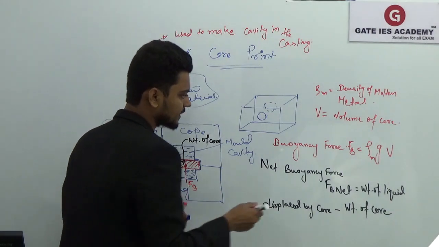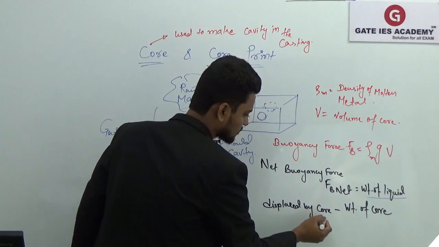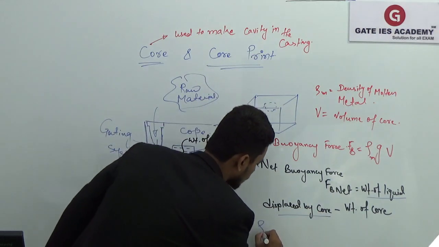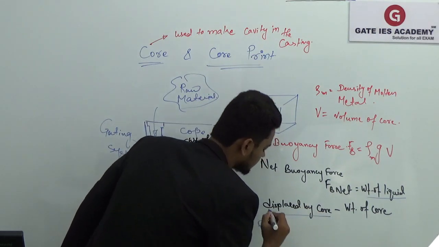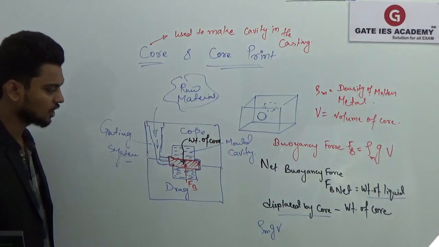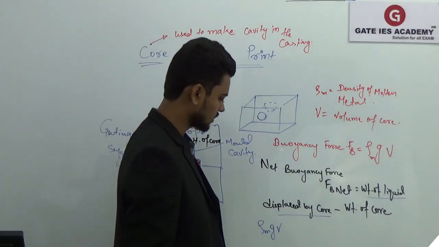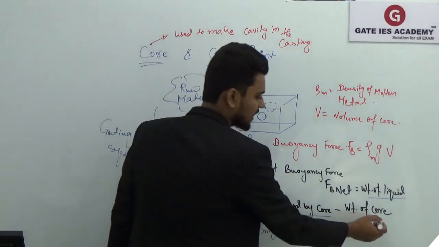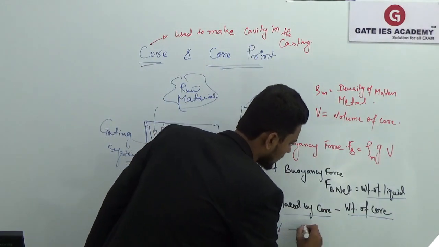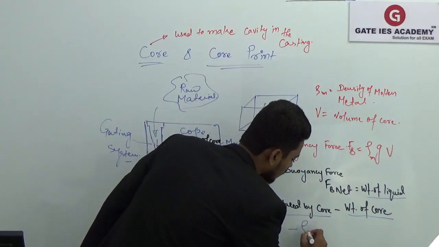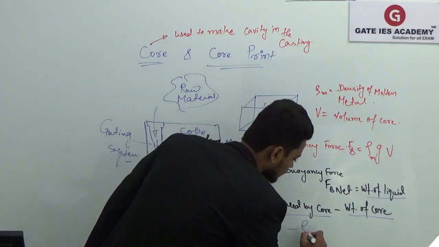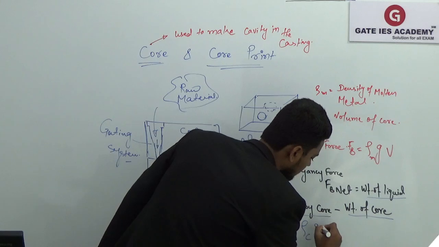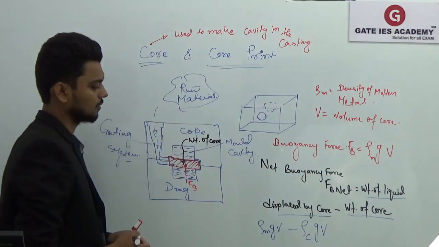So weight of the liquid displaced by the core is your rho m G V, where rho m is the density of that molten metal, G is the acceleration due to gravity, and V is the volume of the core, minus weight of the core. So weight of the core will be rho, which is the density of your core, multiplied by G into V, again the volume of the core.